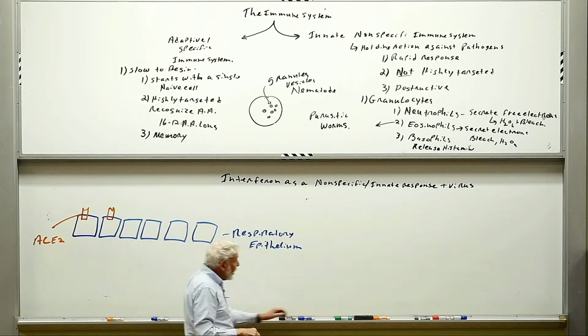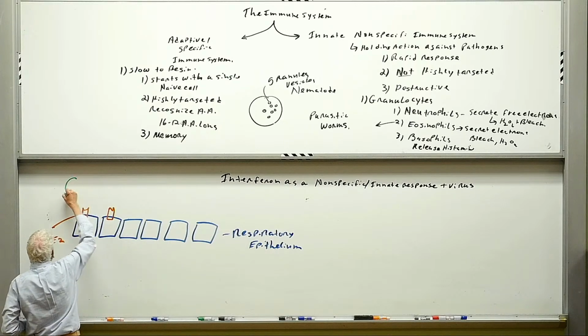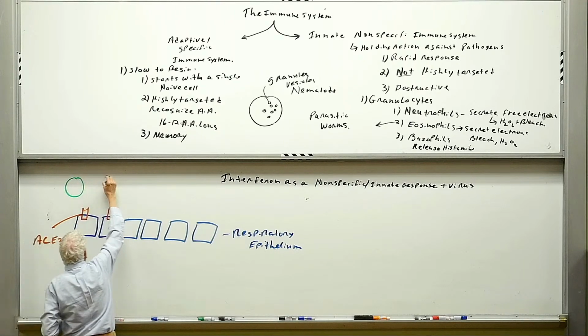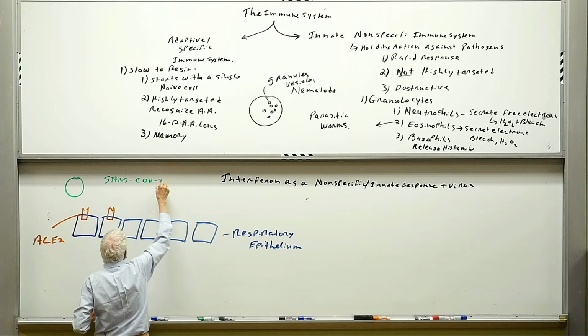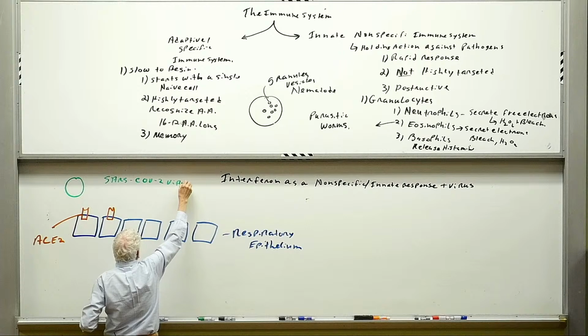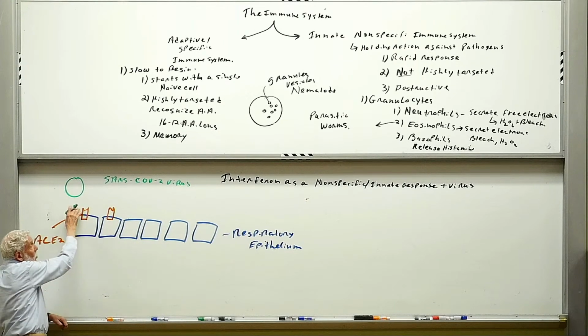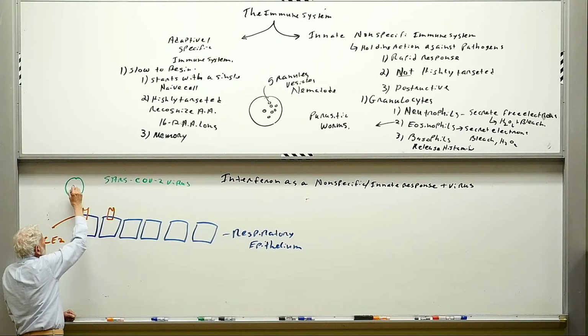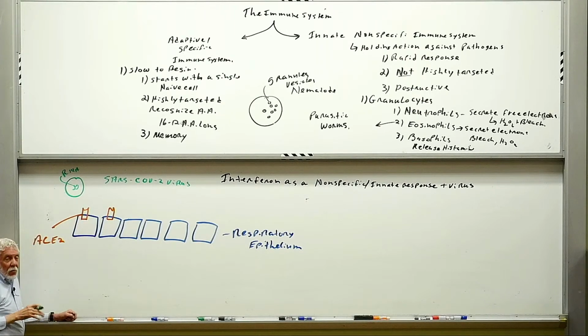And then along comes one of these coronaviruses. This is going to be the SARS-CoV-2 virus. This is the nemesis right now. Basically what this virus is, is an encapsulation of RNA. There are only about 13 genes on that RNA. It's a pretty small structure.